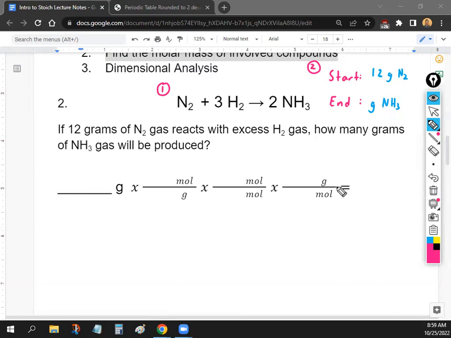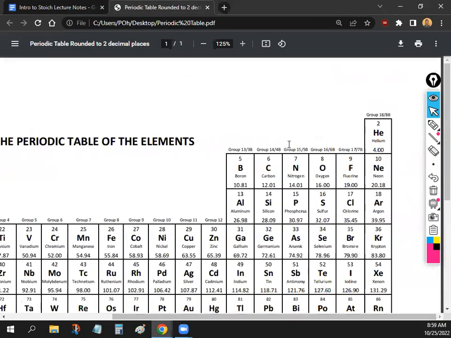Make sense? Okay, so now that we found the important chemicals, we are going to find their molar mass. So what we're going to do is we're going to go on the periodic table and find out the molar mass for N2 and NH3. So let's start with N2. I know it's been a long weekend, so we'll go over a quick refresher. So if we look at N2, it's made out of 2 nitrogens, right? So we go on the periodic table, we look at nitrogen.